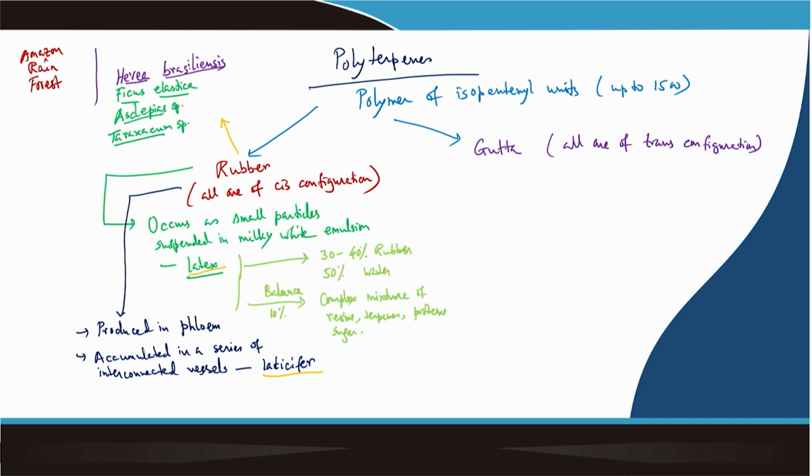Now, let us see a little bit about gutta. What is gutta? As I said, gutta is the same thing as rubber, but the configuration is different, and gutta is produced in a plant called Parthenium argentatum.